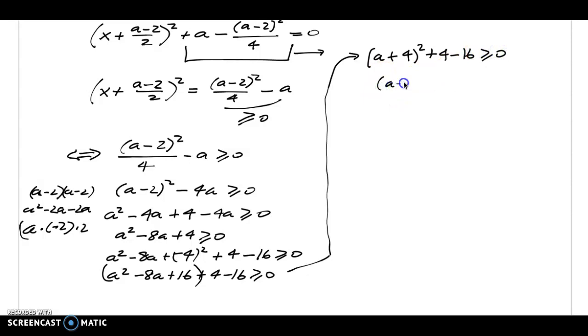I now have a plus 4 squared minus 12 greater than or equal to 0. Then we can say a plus 4 squared is greater than or equal to 12, right? Now what I can do is take the root of both sides. So I can have a plus 4 is greater than or equal to plus or minus root 12.